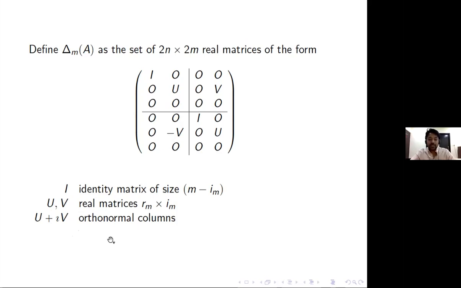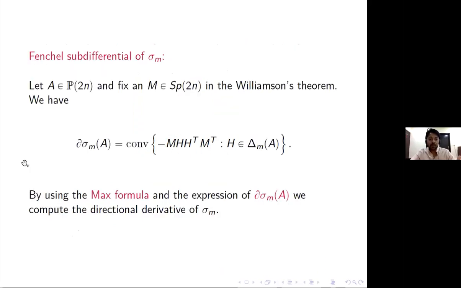So with these notations, the result turns out to be this. For a fixed A, suppose M is the symplectic matrix that diagonalizes A in Williamson's theorem. Then the Fenchel subdifferential of the convex map sigma m at A turns out to be the set of matrices minus M H M transpose, where H varies over the set delta m we just defined.